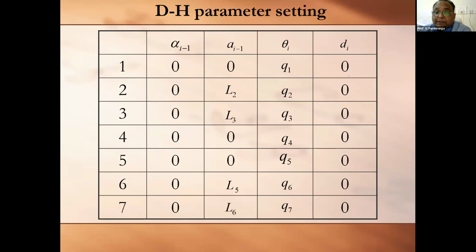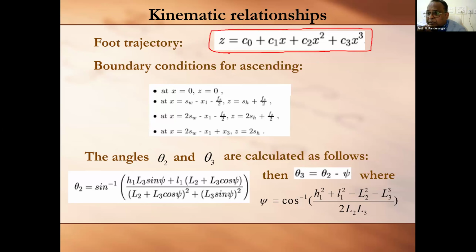So then, as I explained, this is the equation that represents the cubic polynomial trajectory for the swing foot. Here we are going to establish the boundary conditions so that we will be solving for the coefficients C0, C1, C2, C3. So there are 4 unknowns. By applying 4 boundary conditions, we will have 4 simultaneous equations, and by solving those, we will get C0, C1, C2, and C3.